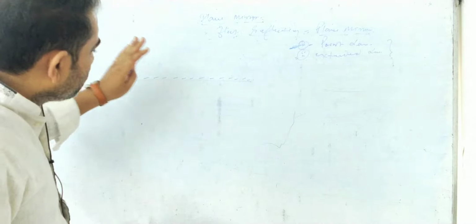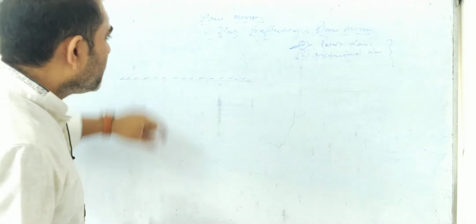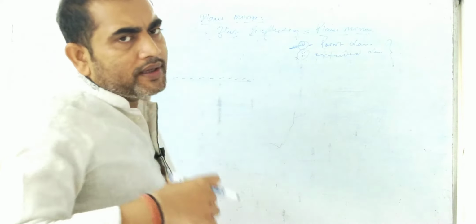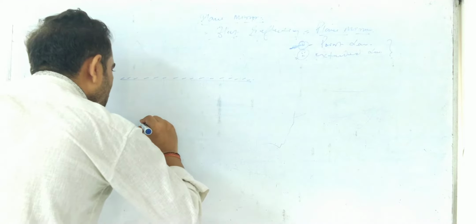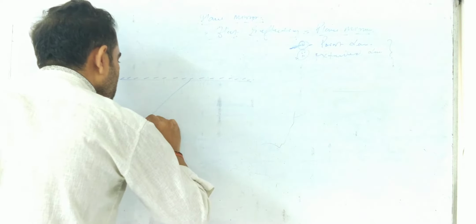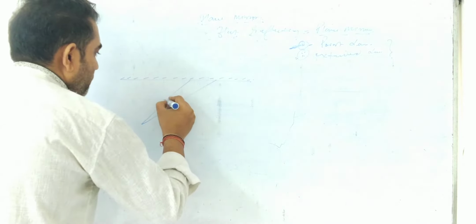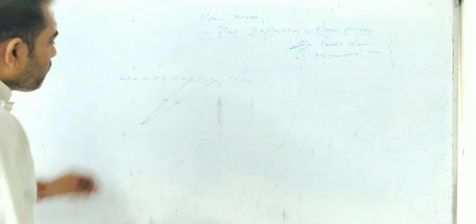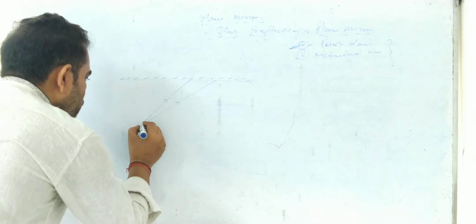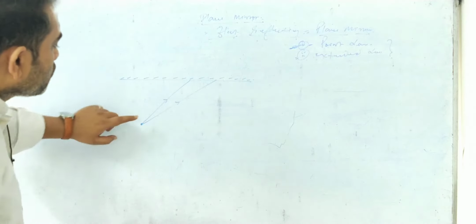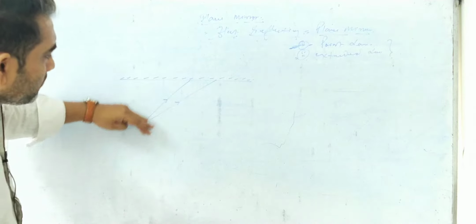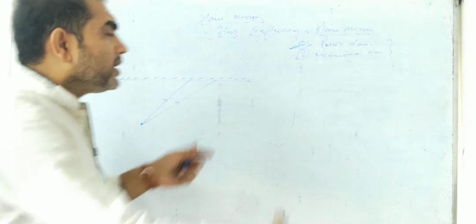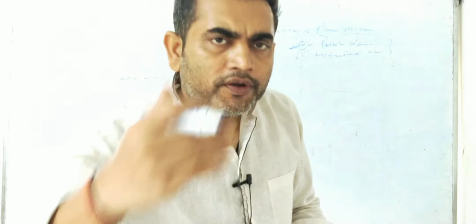Whether it is a point source or an extended source, that doesn't matter, from each and every point two rays will be taken. So the two rays from this point, the point source object, strike on the mirror, and after striking, obviously it will get reflected.